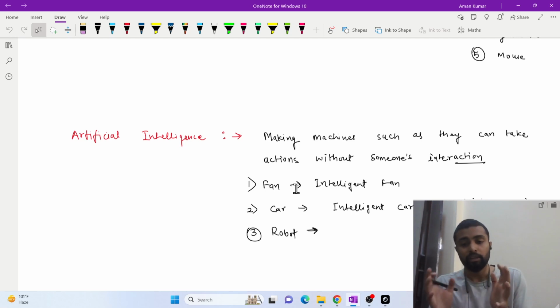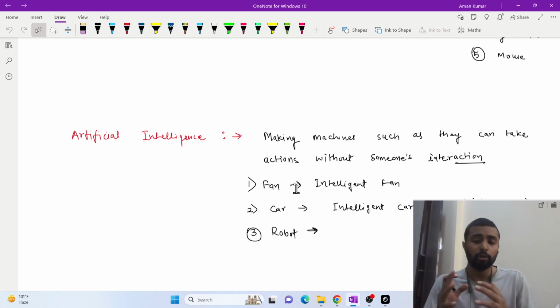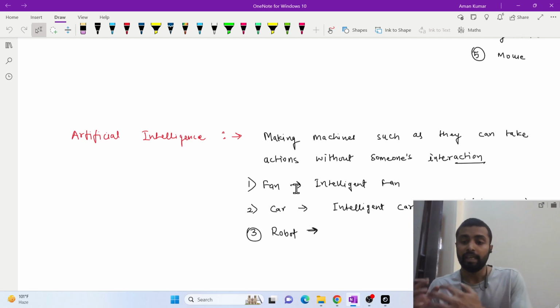But you must have heard that most people only talk about data science, not about AI. Why? Because data science is actually impacting right now more than AI. Because AI is about to come. Actual AI doesn't exist yet, honestly.